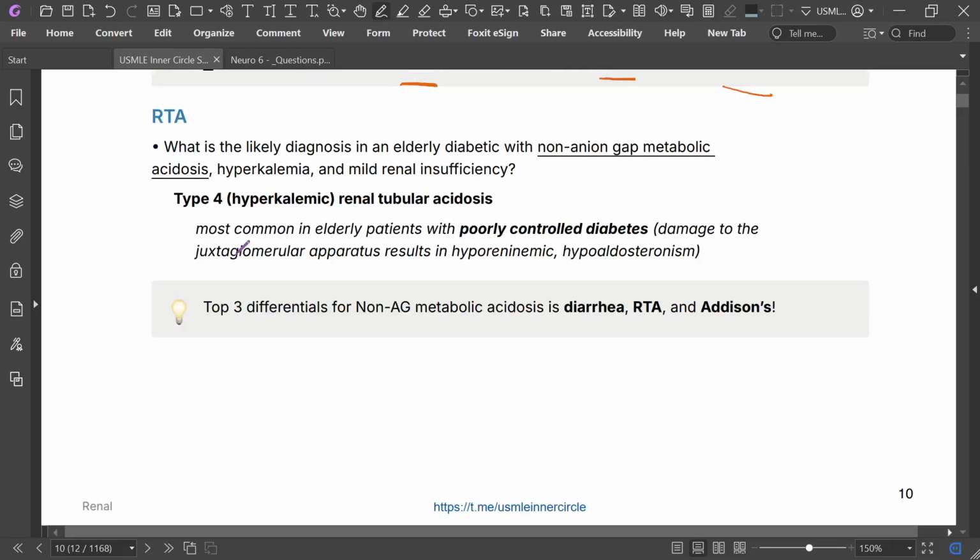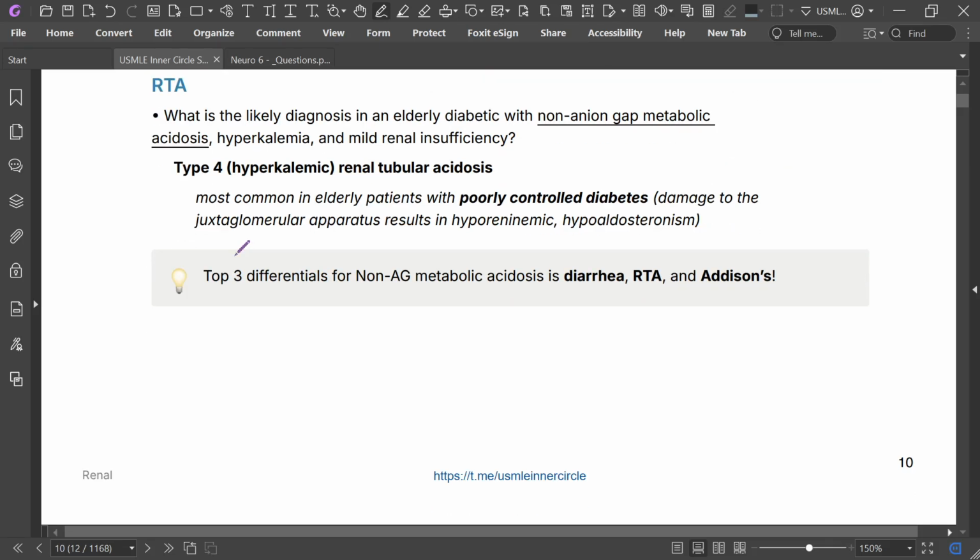Now, renal tubular acidosis. What is the likely diagnosis in an elderly diabetic with non-anion gap metabolic acidosis, that means NAGMA, hyperkalemia, and mild renal insufficiency?